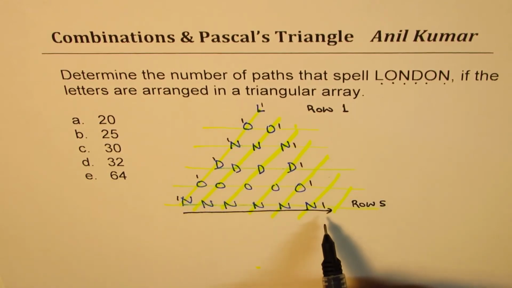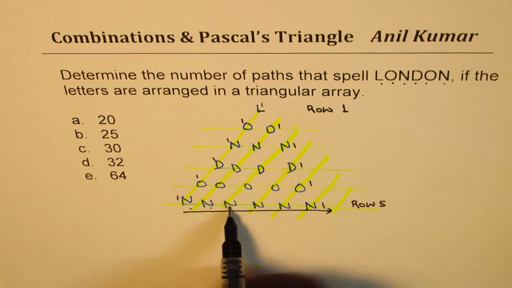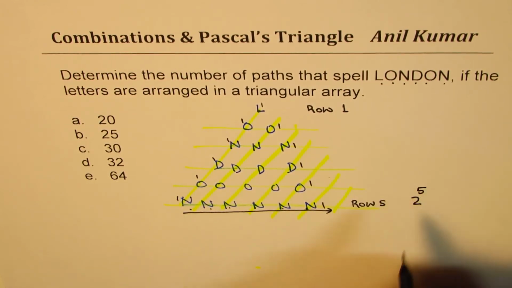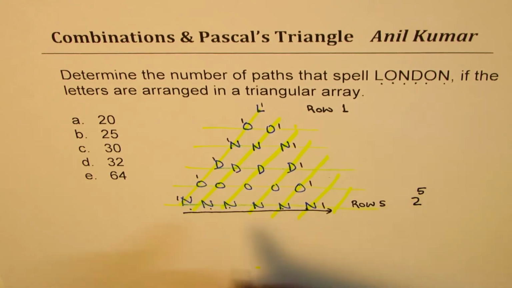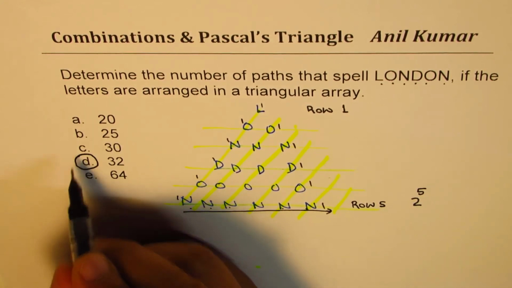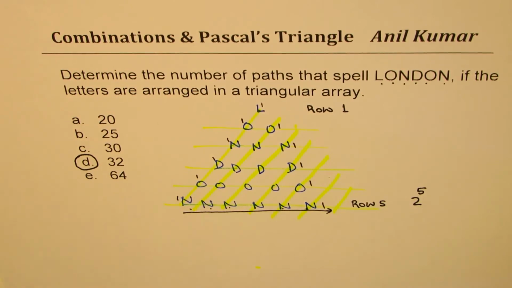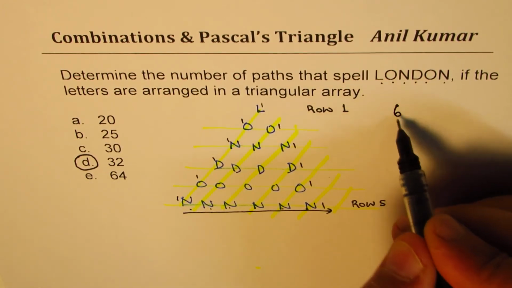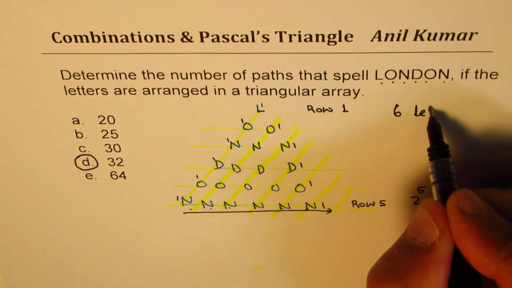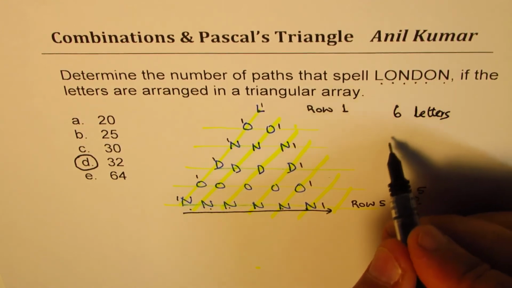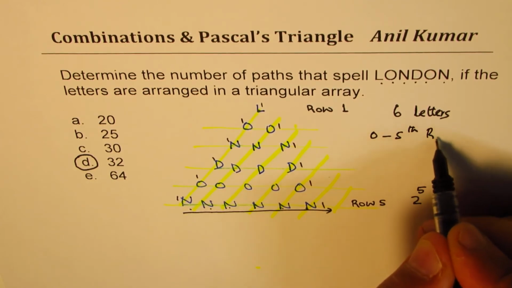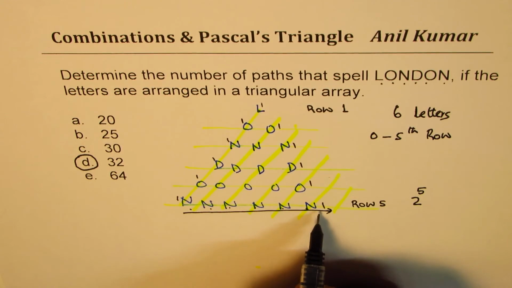And if you fill in all the numbers, what is going to be the sum of all these numbers? It is going to be 2 to the power of 5. Is it okay? So the answer is 2 to the power of 5, which is 32. So you could actually get to the answer by understanding that London has got 6 letters in it, right? 6 letters, and that will lead to the 0 to 5th row in a Pascal's triangle.